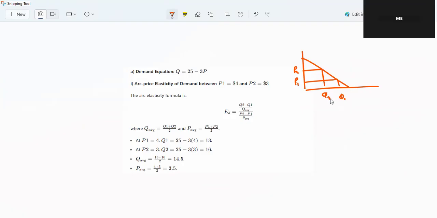Are we clear on that? So suppose your P1 is 4 kwacha. You have 2 kwacha, you have 4 kwacha. And your demand function is Q is equal to 25 minus 3P.